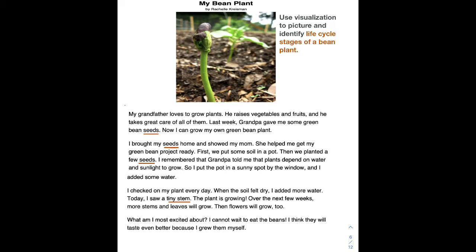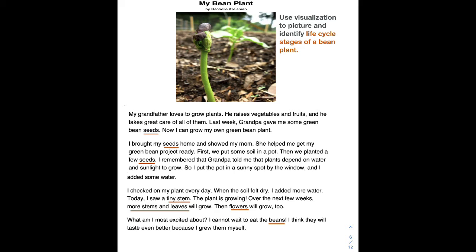The plant is growing. Over the next few weeks, more stems and leaves will grow. Then flowers will grow too. What am I most excited about? I cannot wait to eat the beans. I think they will taste even better because I grew them myself.